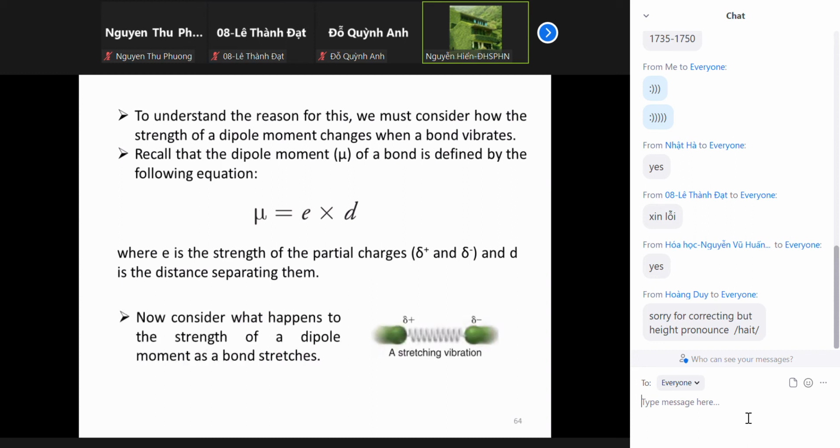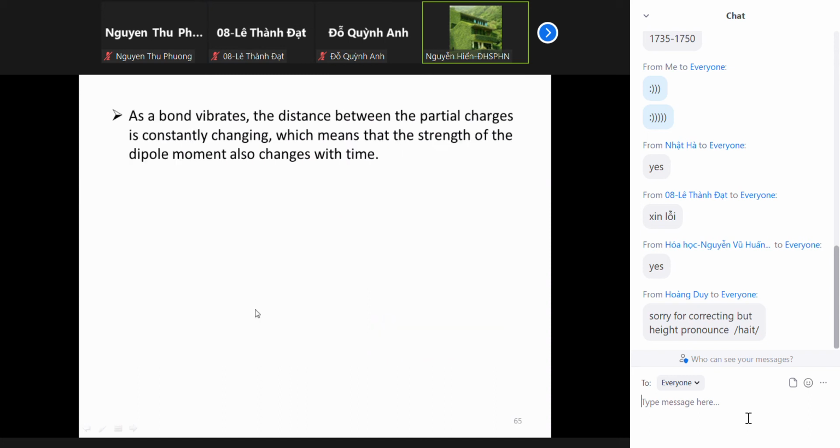So what happens to the strength of the dipole moment as a bond stretches? When the bond vibrates, the distance between the two charge centers is constantly changing. So the strength of the dipole moment also changes with time.